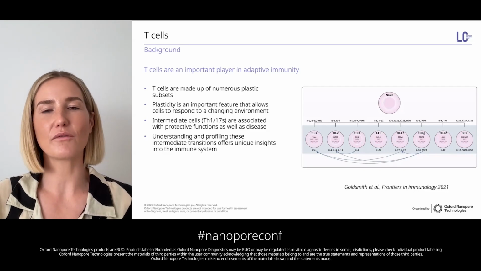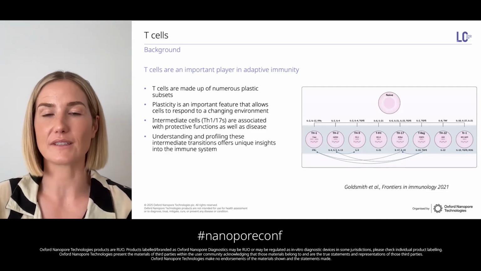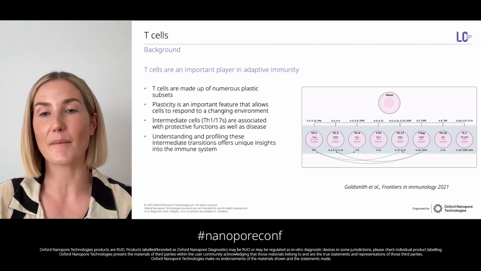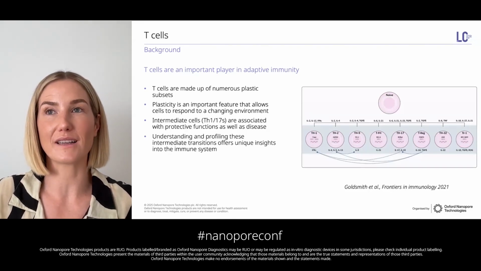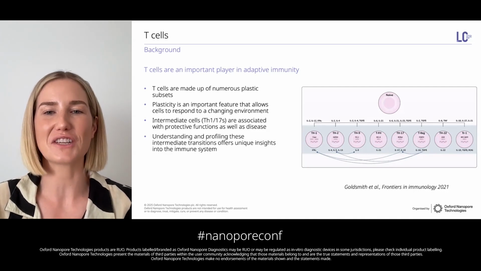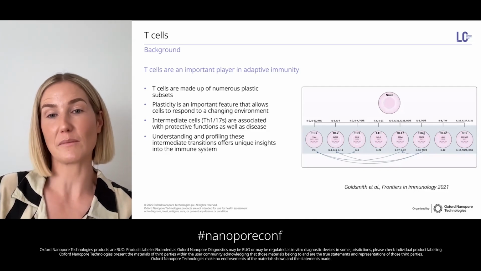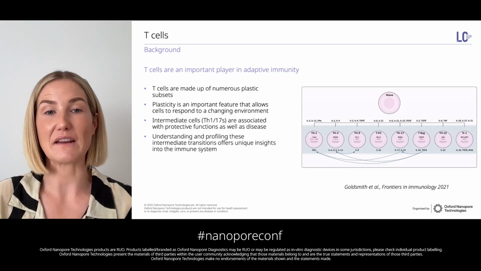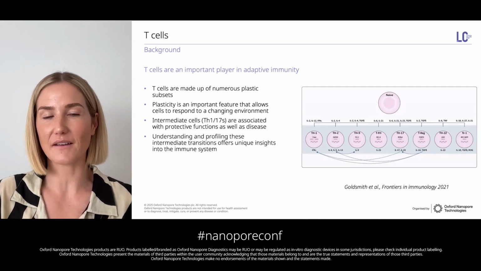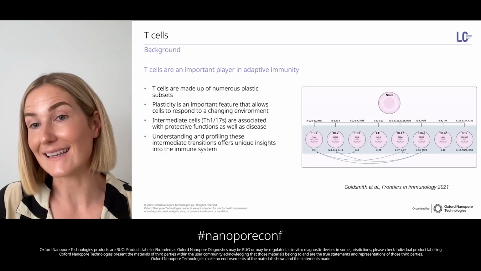Sometimes we observe what we call intermediate cells, so cells that can adopt several phenotypes, or that are intermediate between two terminally differentiated or supposedly terminally differentiated cells. For example, we observe cells between a Th1 and a Th17 phenotype. This is interesting because whilst these cells are associated with protective functions, they're also affiliated with disease development.